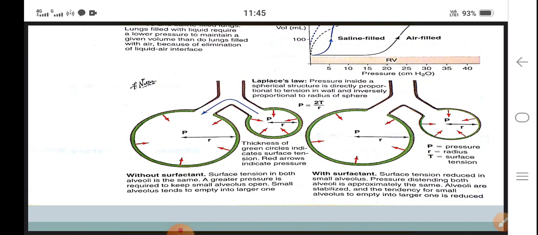The fluid-air surface tension elastic forces of the lungs also increase tremendously when the substance called surfactant is not present in the alveolar fluid.